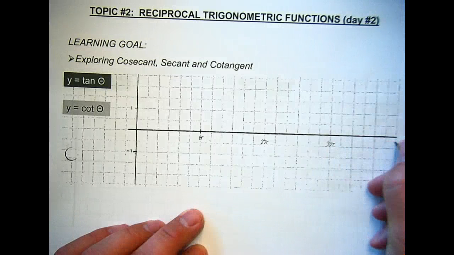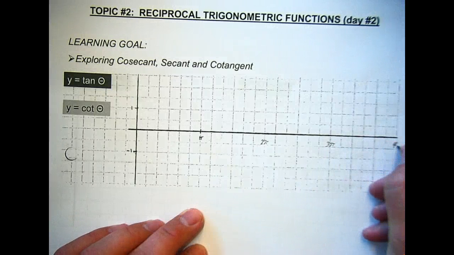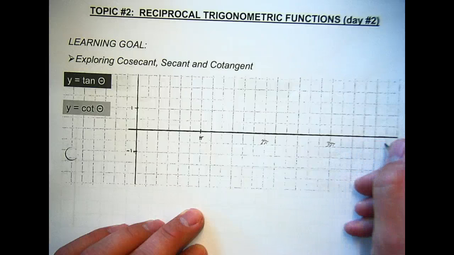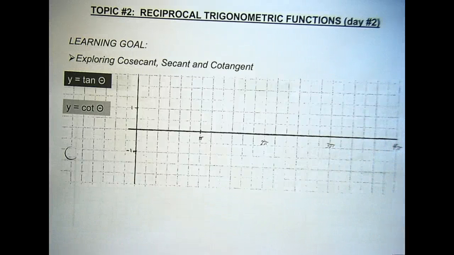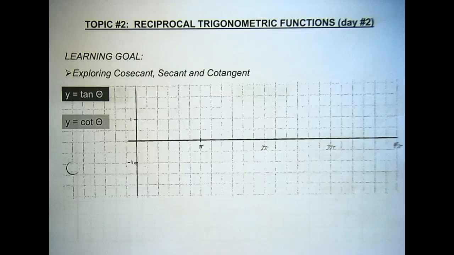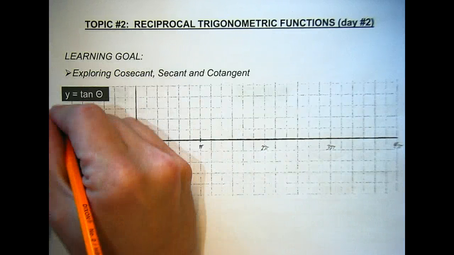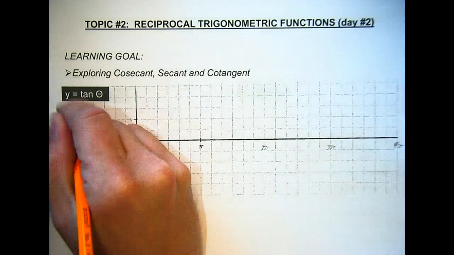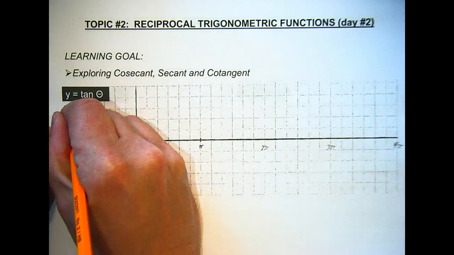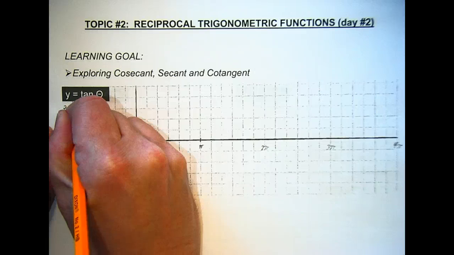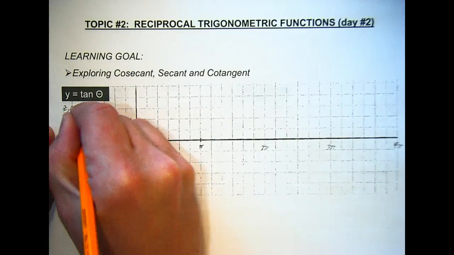Wait, 0. No, it's 0. Hey, what's the pattern? Noah. 0, max, asymptote, min, 0, max, asymptote. Okay, so 0, max. Well, not max, really.